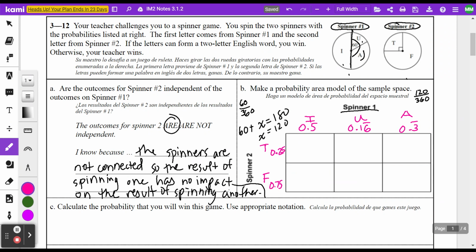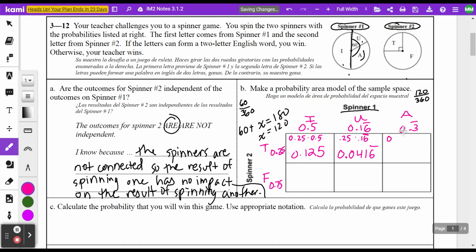Okay, 0.25 times 0.5 is 0.125. 0.25 times 0.16 repeating. If you're doing this in your calculator, you'll have to put a bunch of sixes in. Alternatively, you could use the fraction 1/6. The result here is 0.0416 repeating.